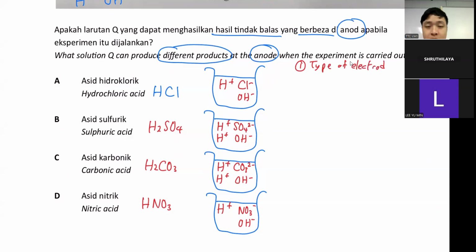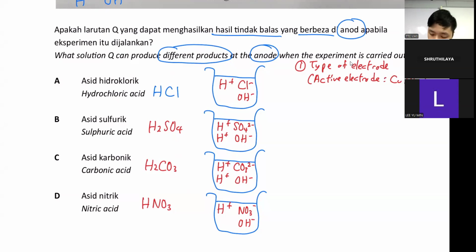Normally you have an active electrode, used like either copper or silver in our syllabus. If the anode is copper or silver, normally you don't choose the ion instead. You choose copper or silver to undergo oxidation.